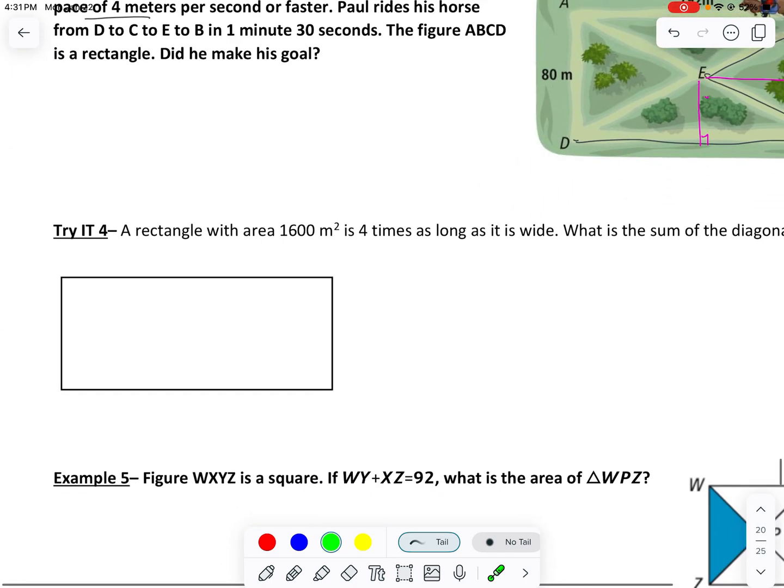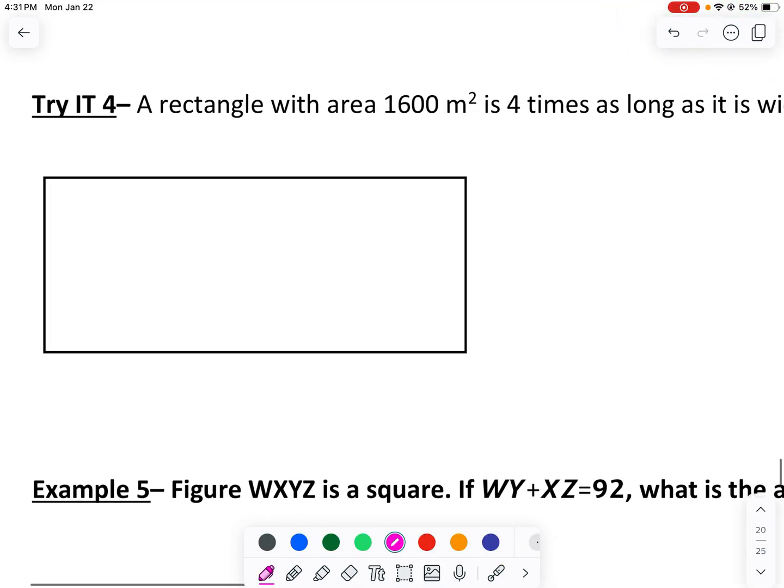A rectangle with an area of 1,600 meters squared is 4 times as long as it is wide. With this one, you're going to want to use an area shortcut. It's 4 times as long as it is wide. So if its width is x, then its length is 4x, and altogether the area equals 1,600 meters squared.